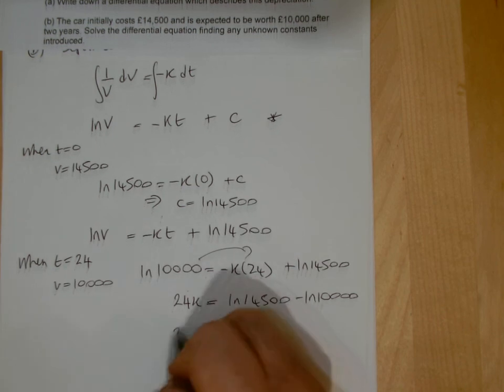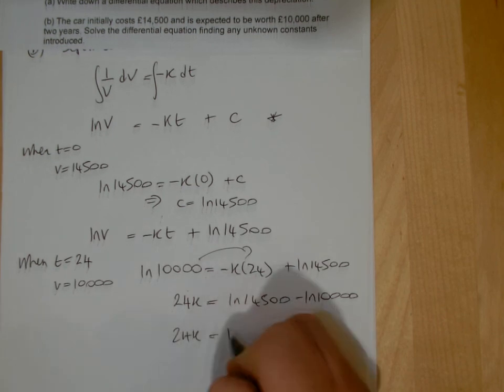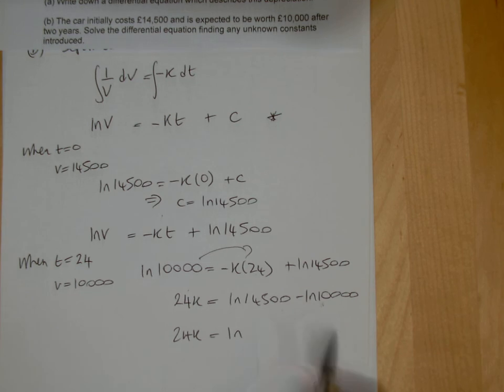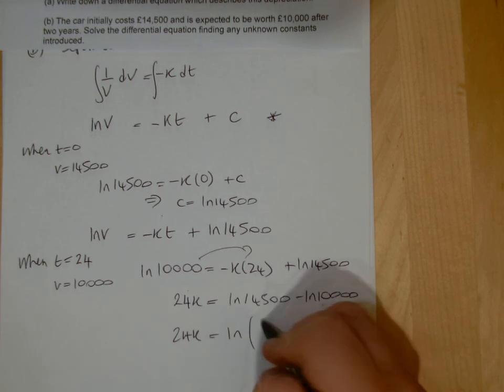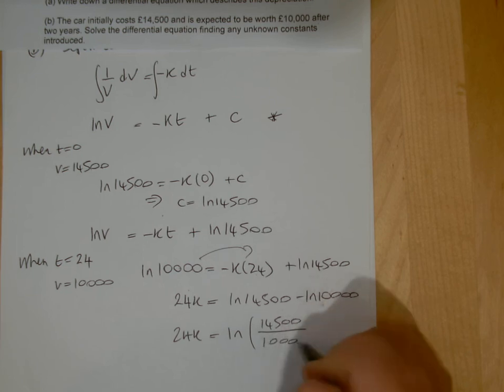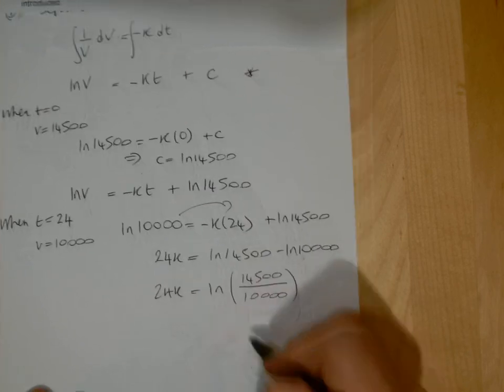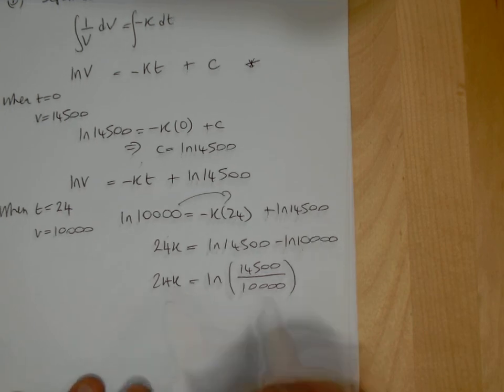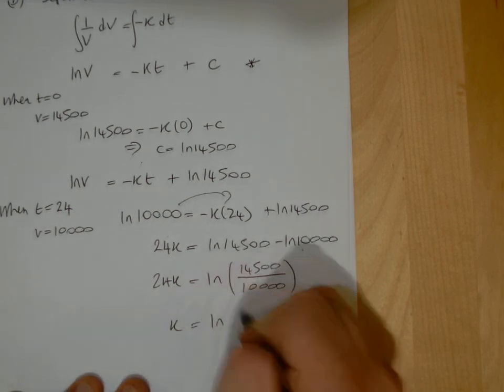I then rewrite this as a single logarithm. When you're taking away logarithms, you can write it as a division and a single logarithm. So you have that. Simply then, to get k, all I've got to do is take that 24 over.